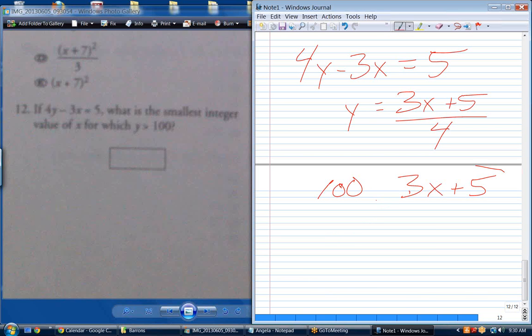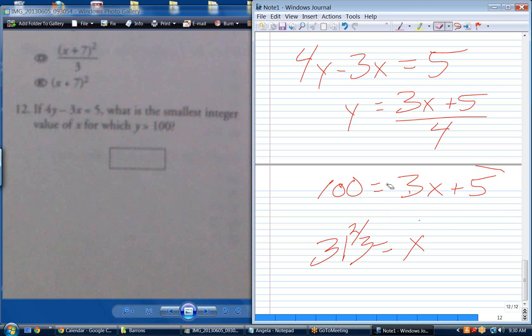If we figure out the value of x that makes it equal to 100, we get x equals 31 and 2/3. Now it's real easy to see that x has to be 32 and not 31. It's easier to not get confused.